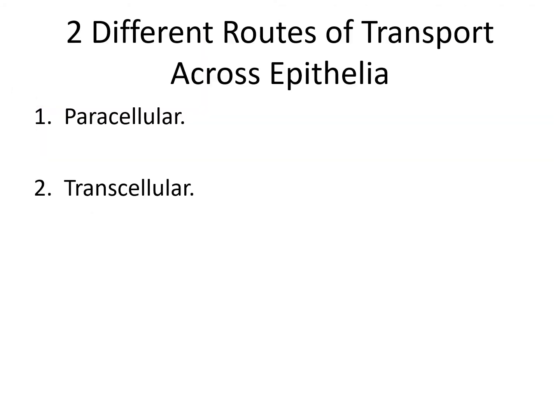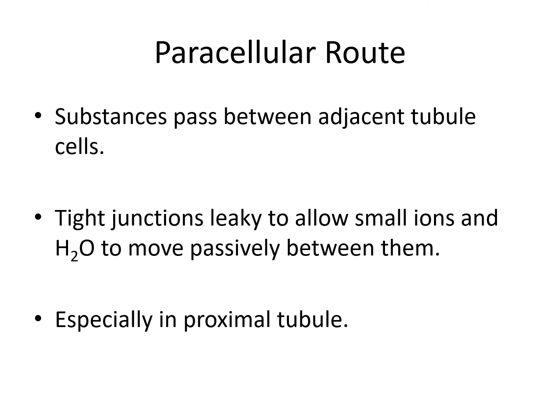Okay. Now there are two different routes of transport across the epithelia. These are paracellular and transcellular. In the paracellular route, substances pass between the adjacent tubule cells. Even though they may have tight junctions, these may be leaky tight junctions that allow small ions and water to move between them.